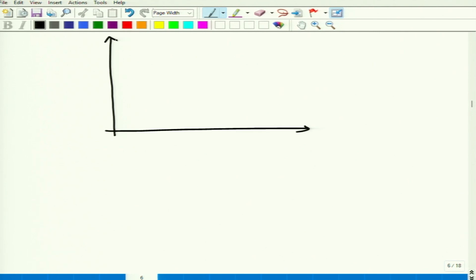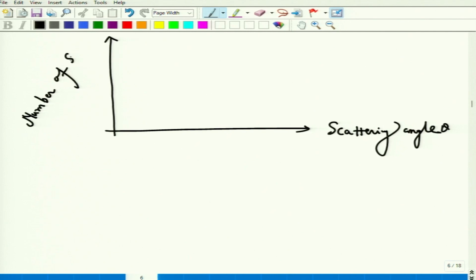Yes, this is the scattering angle theta, and this is the number of scattered alpha particles.